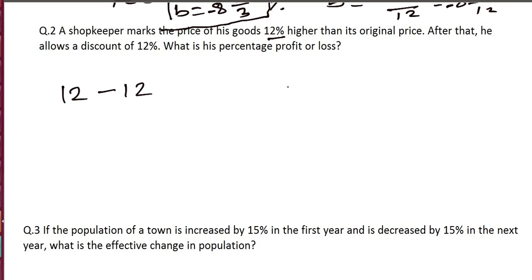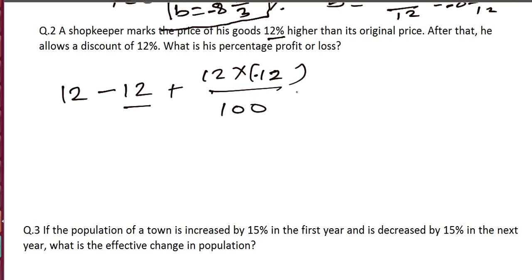But B here is a decrease, which means a negative sign. So then plus 12 into minus 12, AB, B is minus, divided by 100. So that is the percentage profit or loss, the percentage change in the cost price. Right.